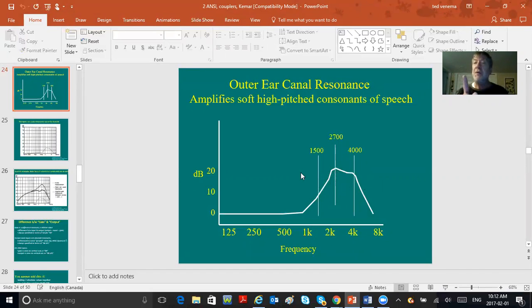If the tip of the tube isn't close enough to the eardrum, this response will not look the same. It's going to lose its highs. See the 4,000 there? That's going to be gone. That's a dead giveaway. Guess what? Your tube tip isn't close enough to the guy's eardrum. It should be about 1/4 inch from the guy's eardrum.